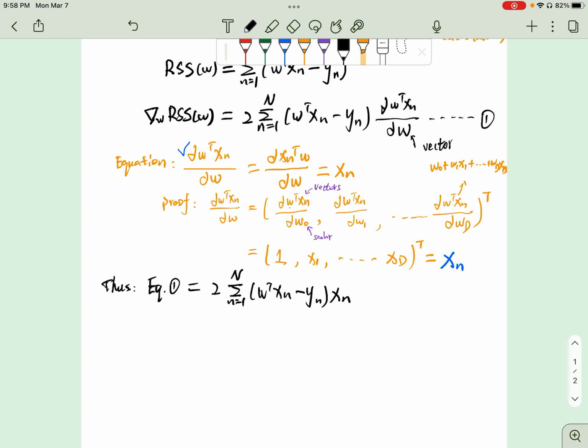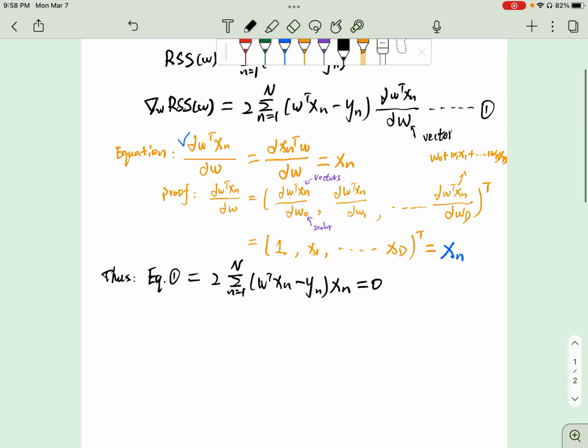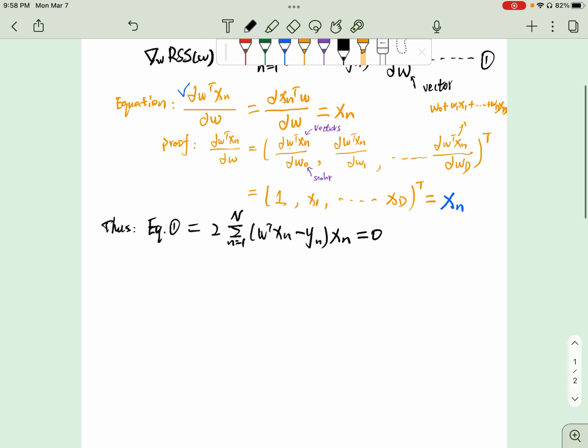So this is equation 1 after I take the partial derivative and I set it to 0, because we want to find the optimal weights. So we should set this gradient to 0. Okay, so now if this equation goes to 0, so this 2 doesn't matter.